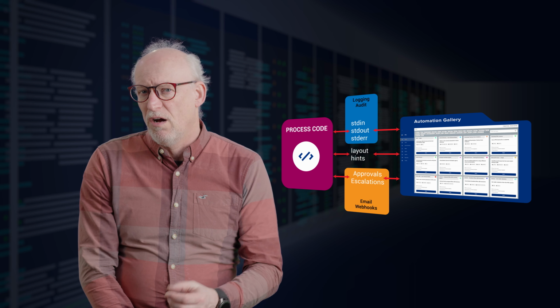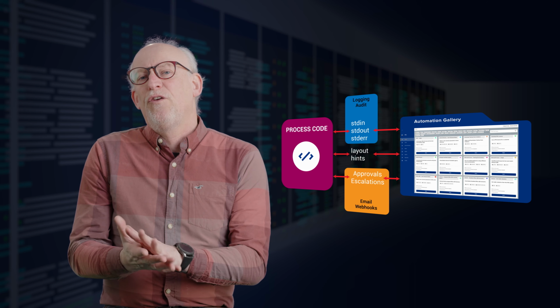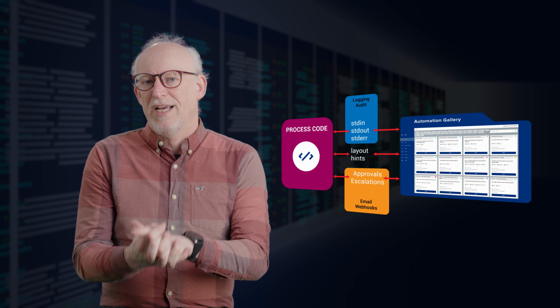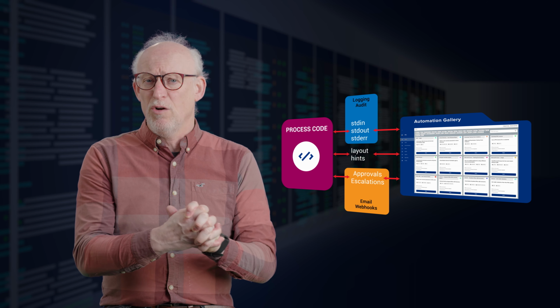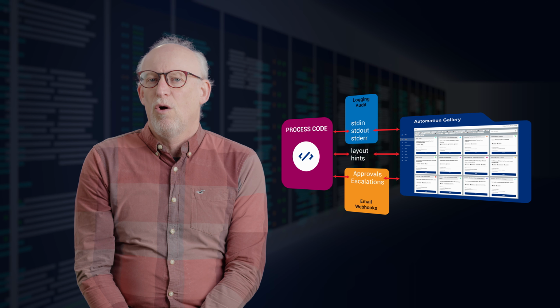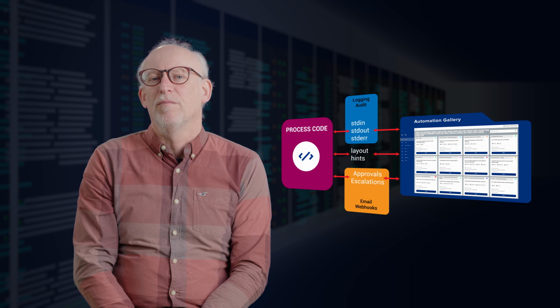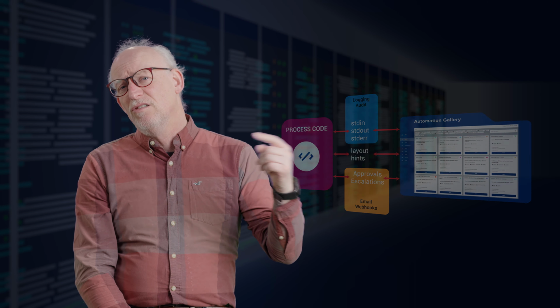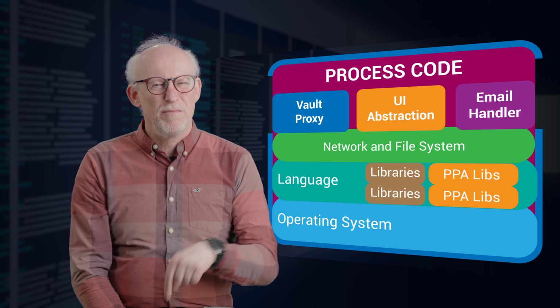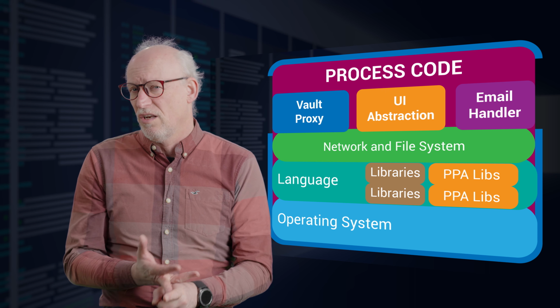And the other important parts are request approvals and notifications. So if your task at any point has to go back and interact with a human, or perhaps a different human, not the one that started it but somebody else, all of the requirements that you need to get that done are in that subsystem. That subsystem then goes and uses the email subsystem, because email's complicated and there'll be loads of authentication and certificates and things like that around it.